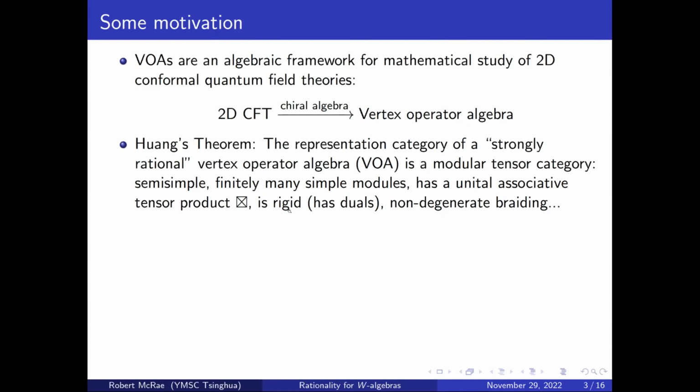It's rigid, which means that every module has a dual in some suitable, strong sense. And there's a non-degenerate braiding. Braiding means that the tensor product operation is commutative. And I will say a little bit more about what non-degenerate means later.